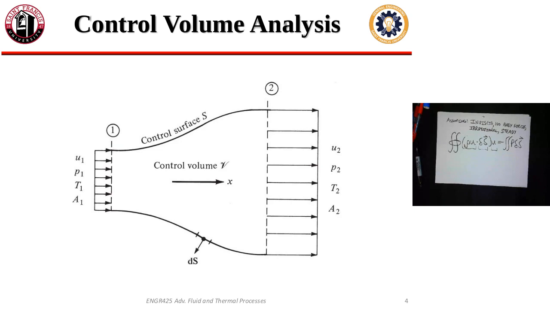At state 2, so at the exit there, right there along this line.